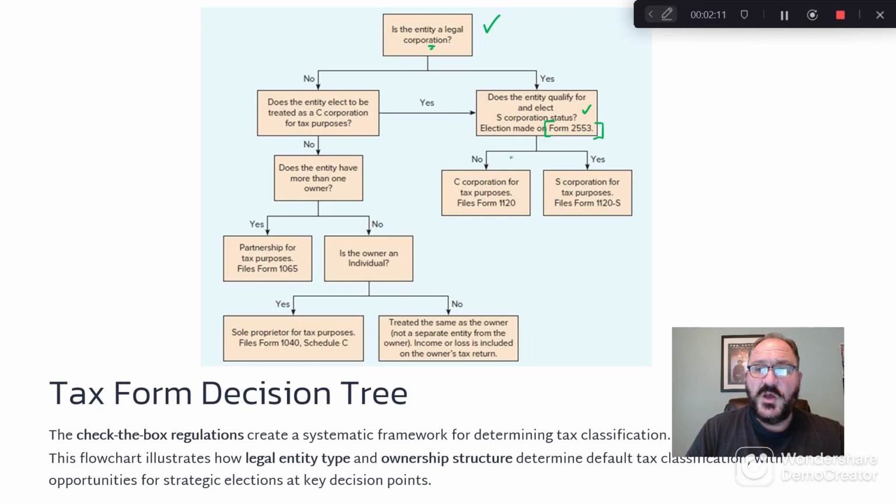If the answer is no, they're not going to do that, then they're going to file form 1120. This is the corporate return. A corporation return is an 1120. If it's an S corporation, it files an 1120S. By the way, this is what's called an information return.